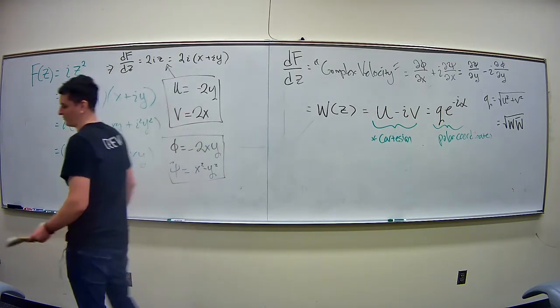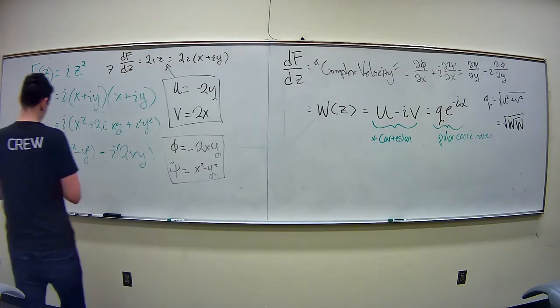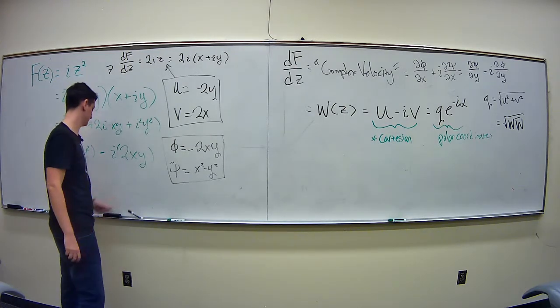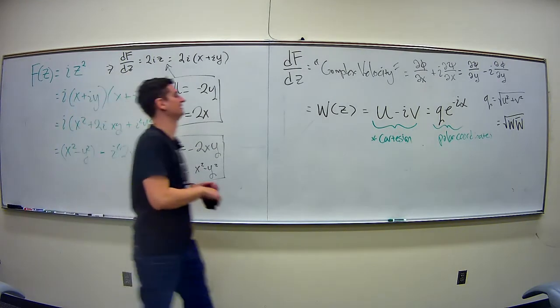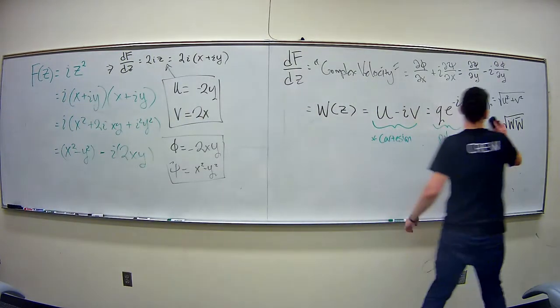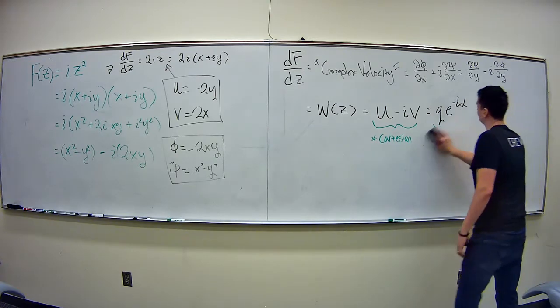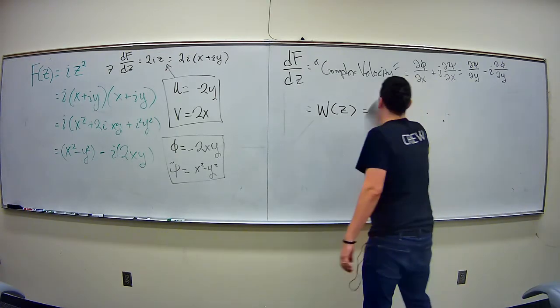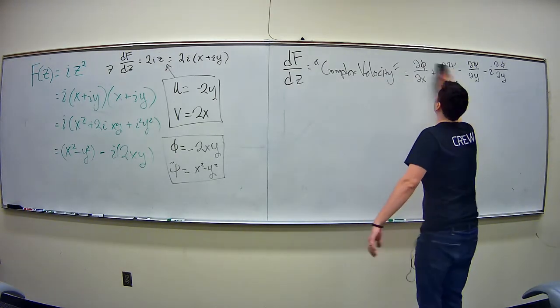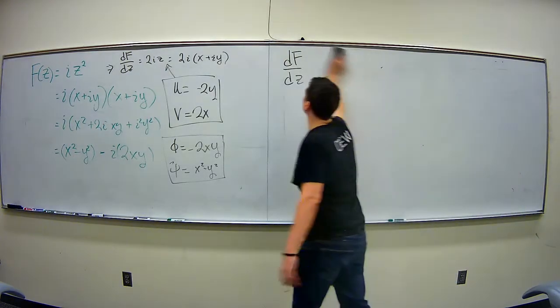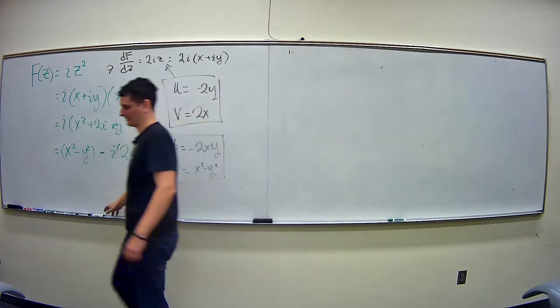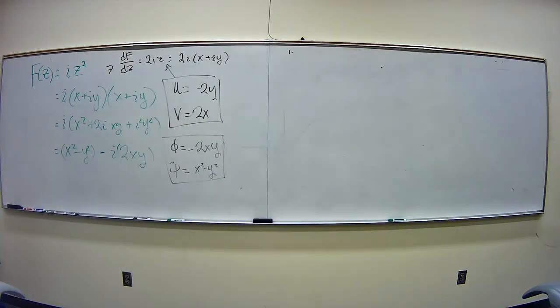You can even identify what the potential function is and what the stream function is for these flows with just writing down something that comes into your head in terms of an f and of a z. Amazing, I think. Let's keep going.